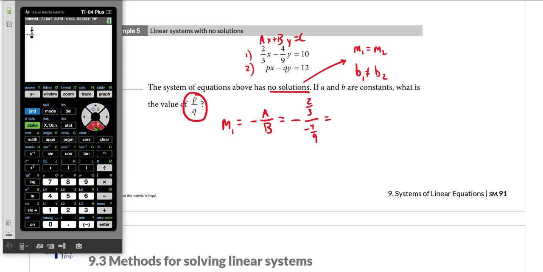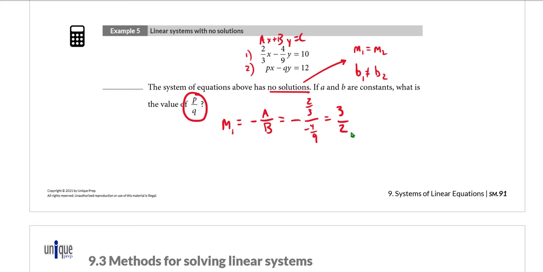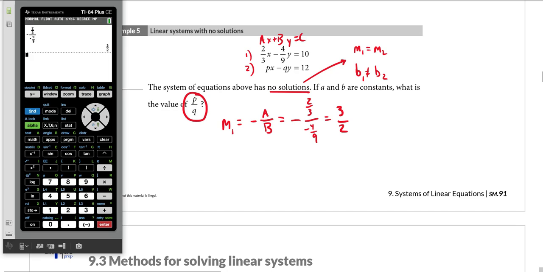And in the denominator, I am going to do negative and then alpha F1. F1 is that little green F1 right there. It's the y equals key. And then what do I got here? I got 4 over 9, and then I'm going to hit enter. So my slope is 3/2, and the calculator did all that work for me.